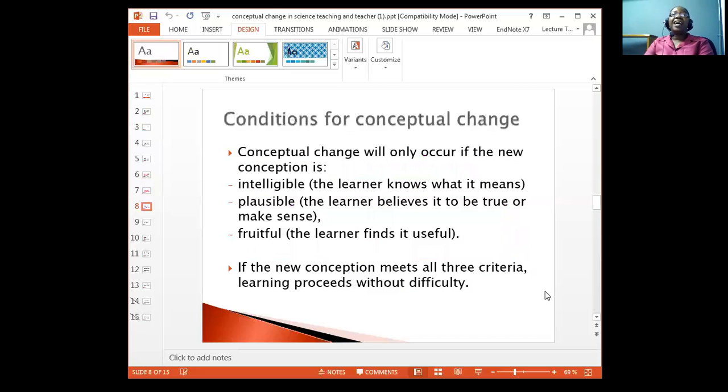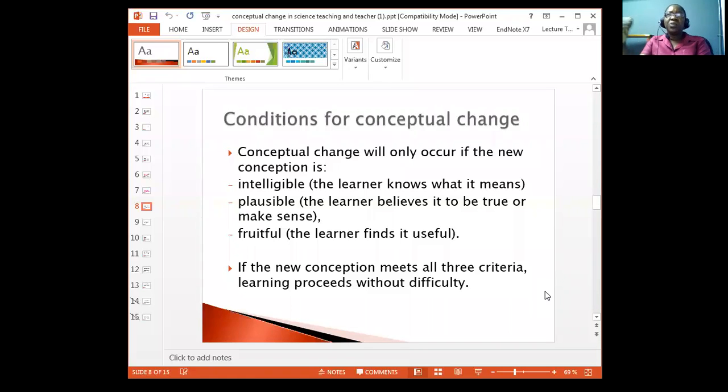All right. So now we look at the conditions that are necessary for conceptual change to occur. Hewson believes that there are three main conditions if students are going to undergo conceptual change. One, the new idea that we're putting forward must be intelligible to the learner.